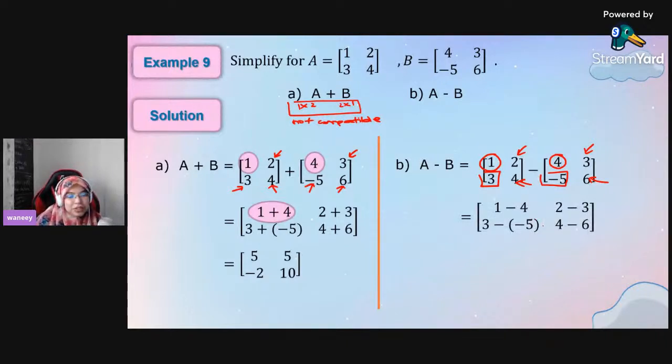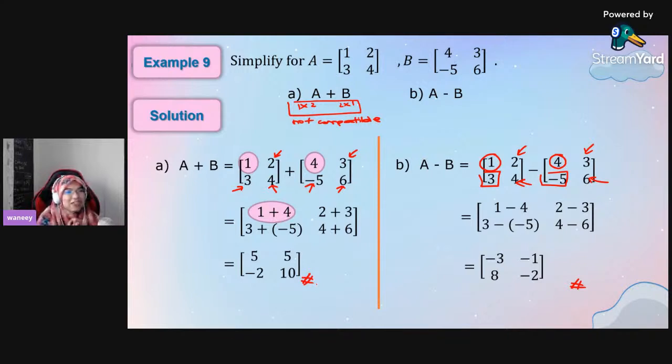After that, we should simplify them. So 1 minus 4 is negative 3, 2 minus 3 is negative 1, 3 plus 5 is 8, 4 minus 6 is negative 2. So we got negative 3, negative 1, 8, and negative 2.